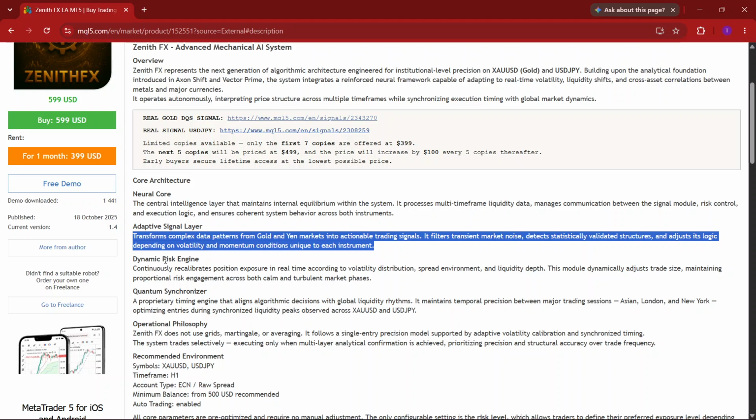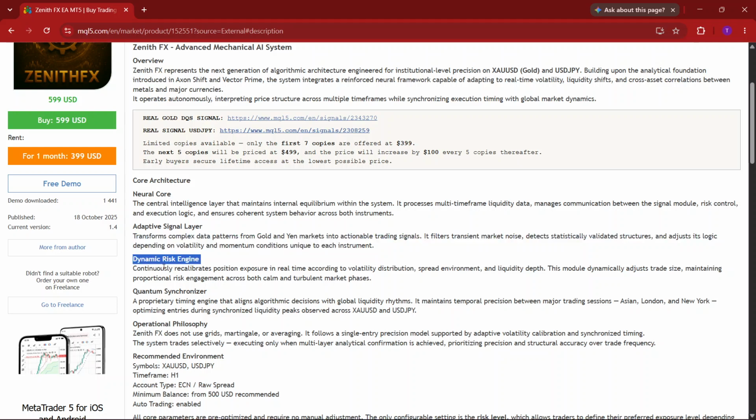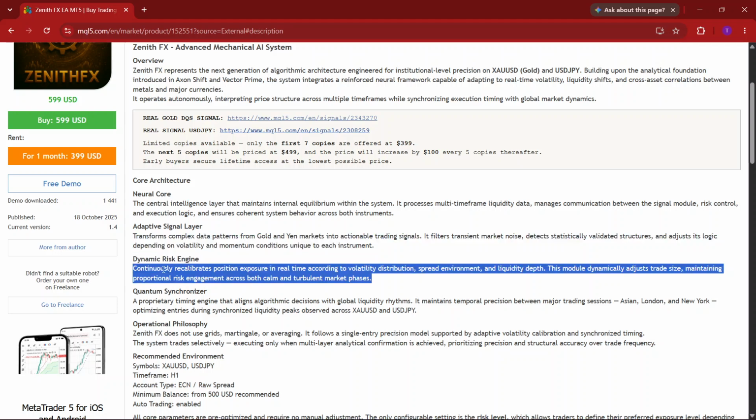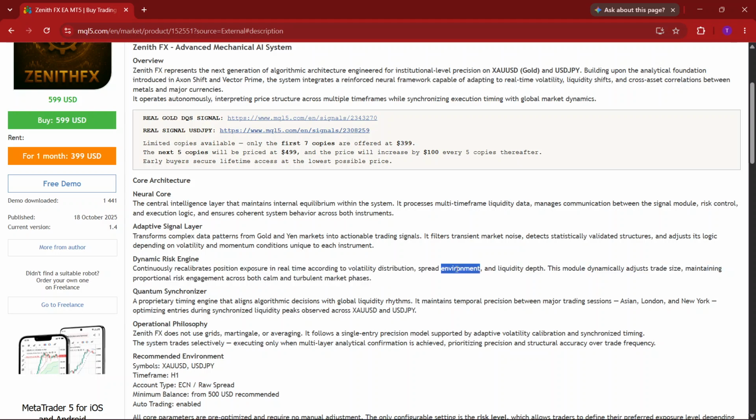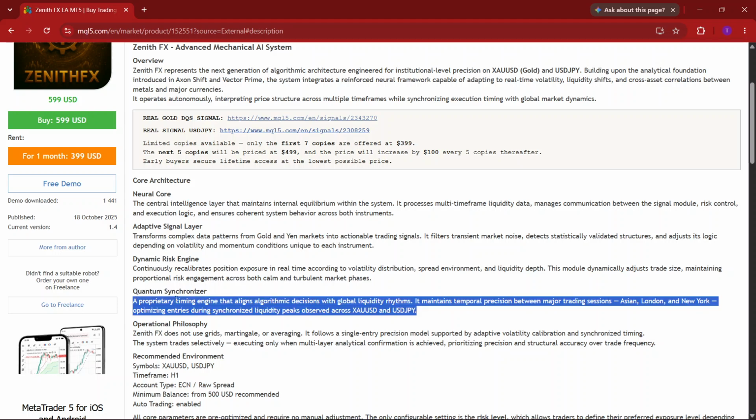Then we have the dynamic risk engine. It's supposed to continuously recalibrate position size according to volatility distribution, spread environment, and liquidity depth. And finally, we have the quantum synchronizer, a big word. It's the proprietary timing engine that aligns decisions with global liquidity rhythms across the Asian, London, and New York sessions.